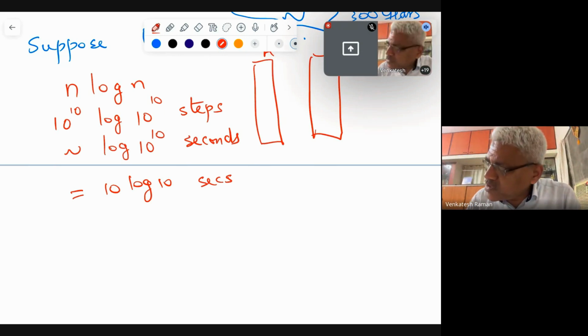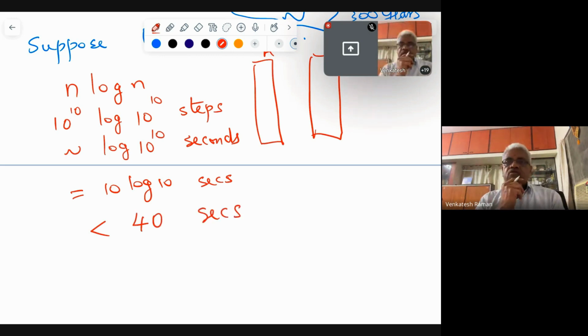So I'm going to say it's even less than 40 seconds. Even if I approximate it by 4, it's 10 into 4, 40 seconds. Same problem. With this additional information that B is sorted, now I can improve from 300 years to 40 seconds.